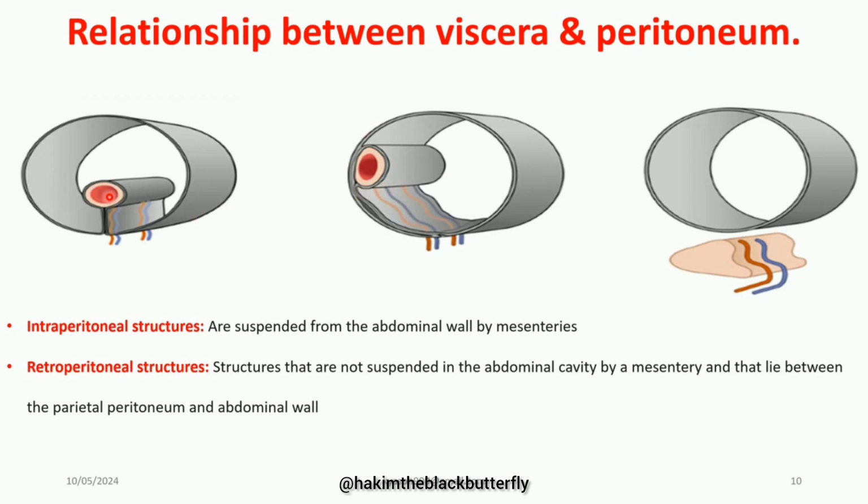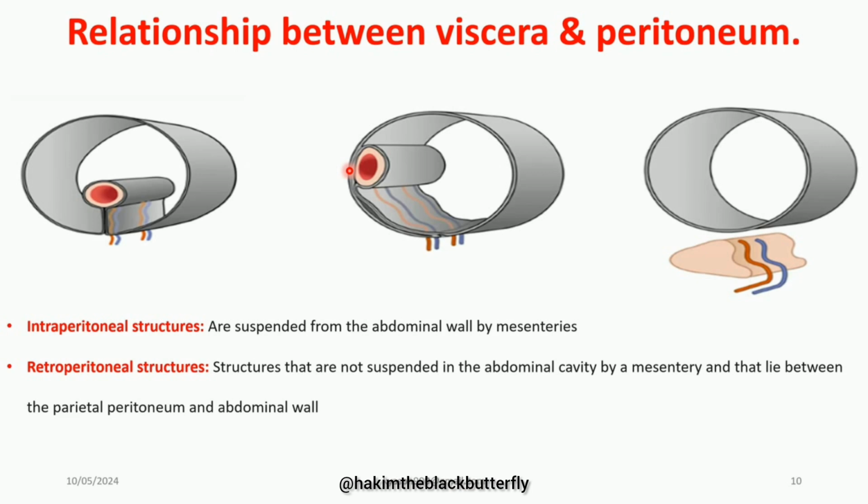Such organs that were initially intraperitoneal but later gained a retroperitoneal position are called secondary retroperitoneal structures.